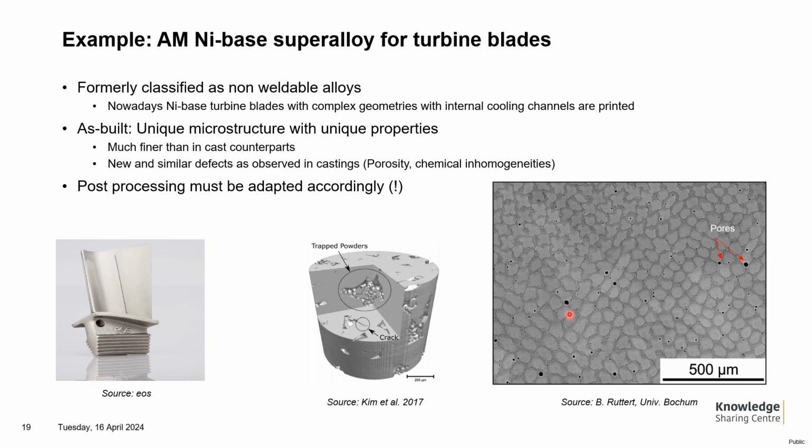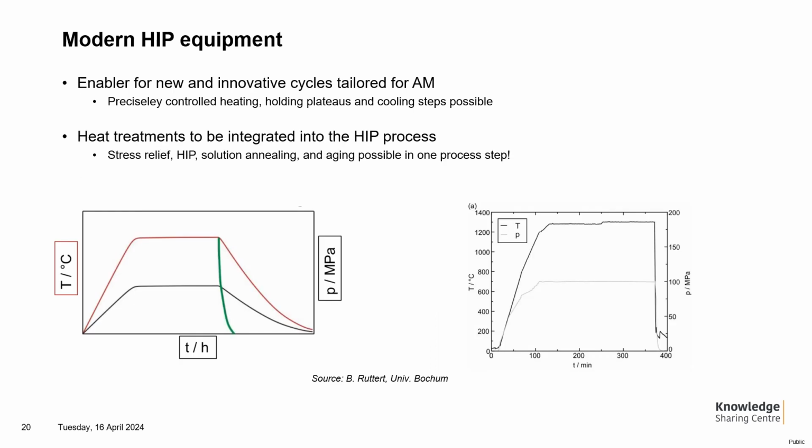In order to improve the properties of our printed parts, we have to make some efforts with suitable post-process steps such as stress relieving, HIP, solution annealing, and sometimes aging too. Modern HIP equipment is an enabler for new and innovative cycles tailored to the unique demands of the as-built condition.